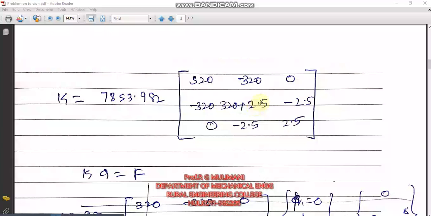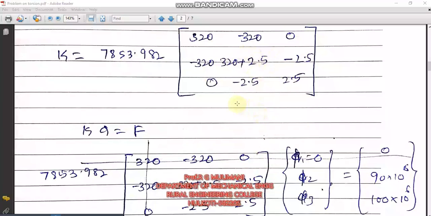There are two contributions in the second row second column, so they should be added. Now we have the global stiffness matrix.